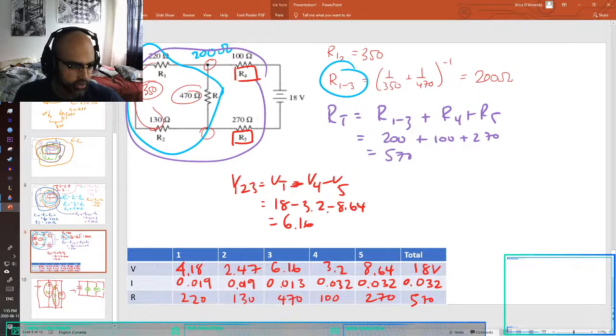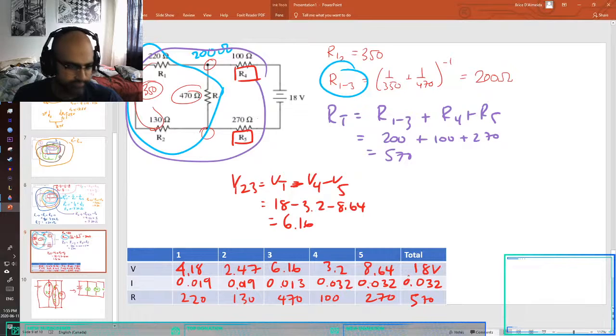Then I subtracted those two. Yes. And then I multiplied. Yes. I'm going to chalk this up to a rounding error. Had I taken more digits, I'm pretty sure we would have gotten a better answer here.